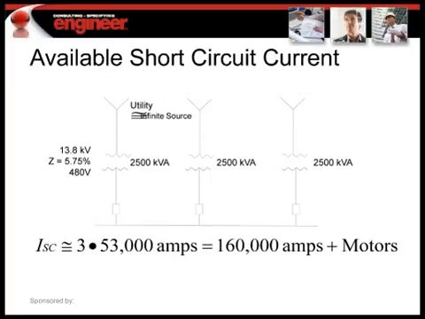For example, here in Seattle, Seattle City Light uses secondary spot network service configurations to serve many of their buildings in downtown Seattle. So you might be deriving your power source from one of these utility types, in which case the available fault current at the 480 volt level is quite large. And we'll talk a little bit about what that means with respect to your transfer switch design.